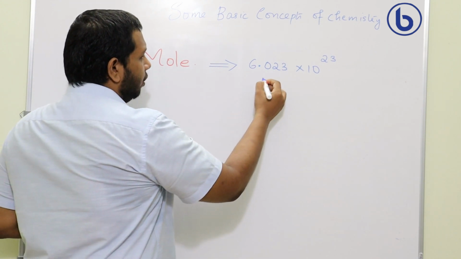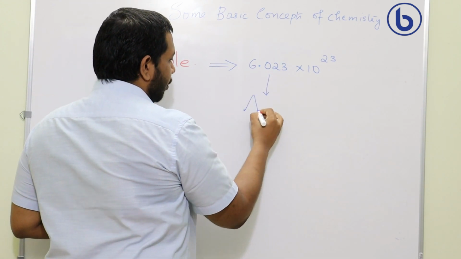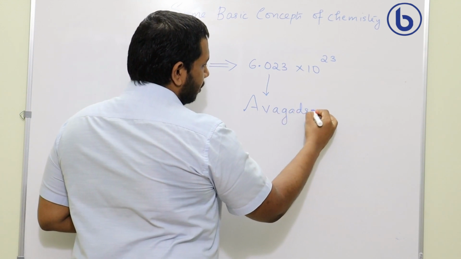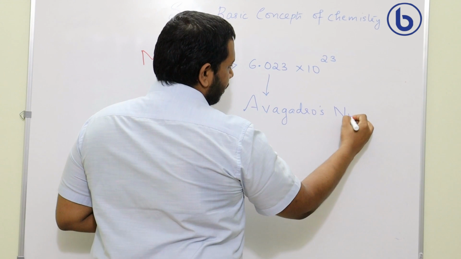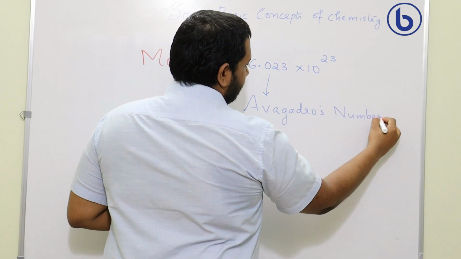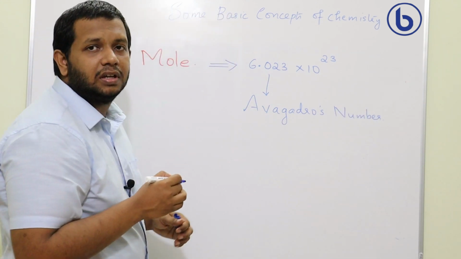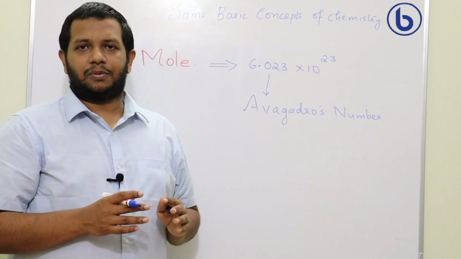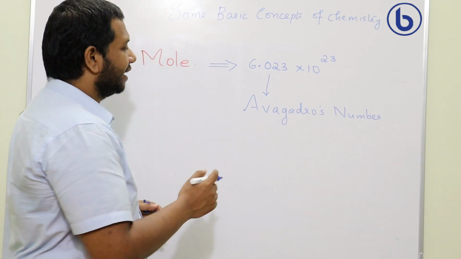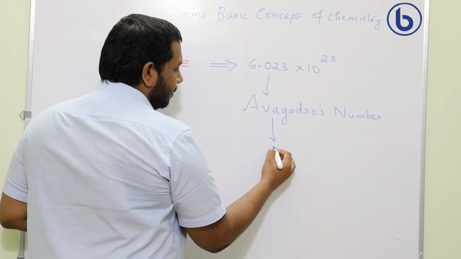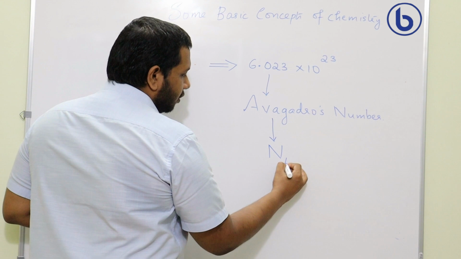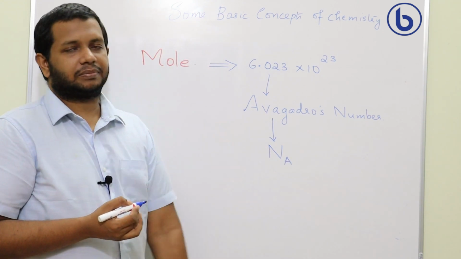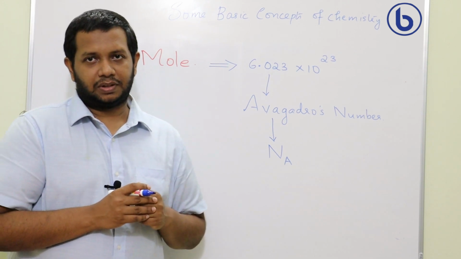This number is called Avogadro's number. How is this represented? Every time, is it possible to write a whole number like this? No, of course not. So we could represent this using a much simpler convention, that is called Na. So Avogadro's number, this is what it means.